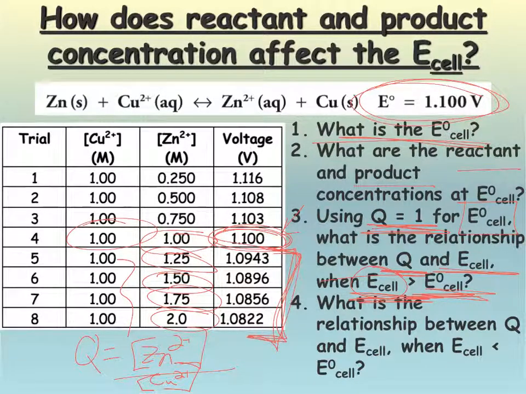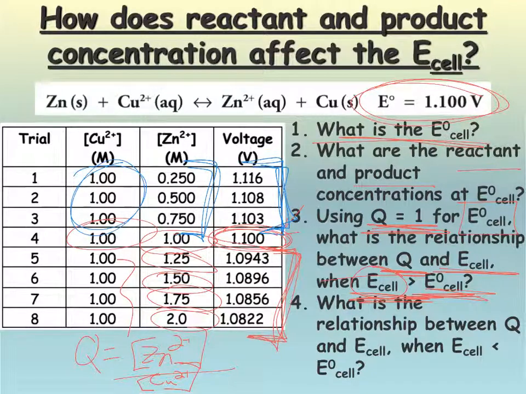Now conversely, question 4 is kind of asking the opposite. We see that in this region, we have voltages for our cell that are above what we would typically expect at standard. If you look here, we have reactant concentrations that are higher than the products.